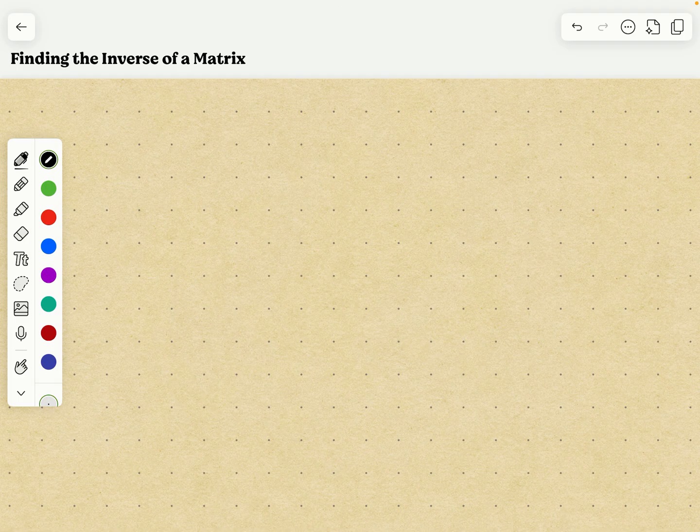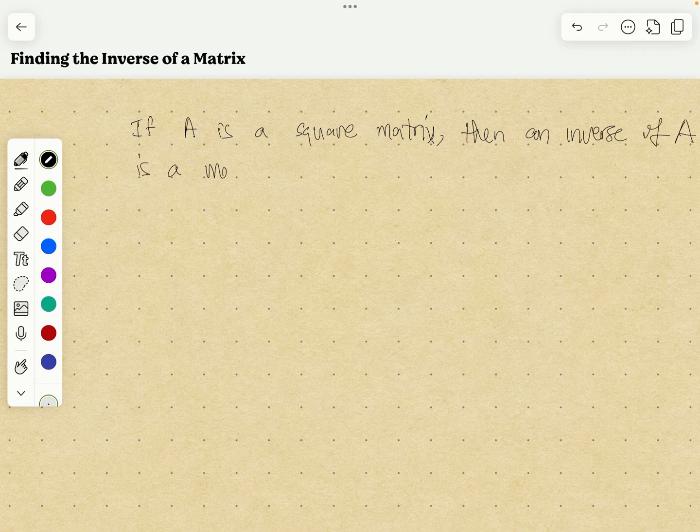Hello. So in this video I want to talk about an algorithm for how to find the inverse of a matrix. So let's just recall that if A is a square matrix, then an inverse of A is a matrix B such that A times B is the identity.